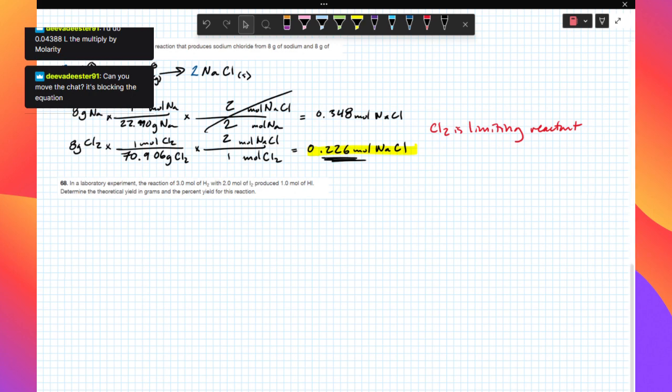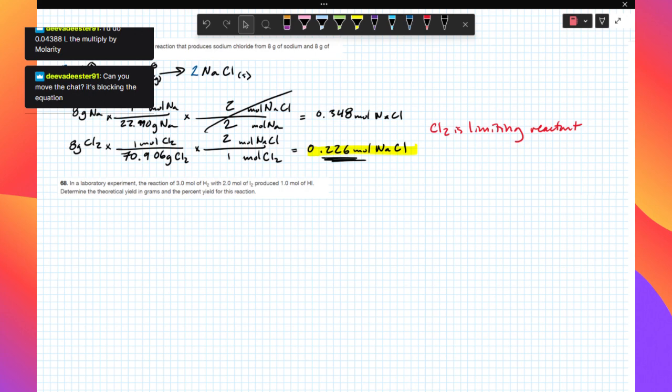In a laboratory experiment, the reaction of 3 moles of hydrogen, diatomic hydrogen, with 2 moles of iodine, diatomic iodine, produced 1 mole of hydrogen iodide.